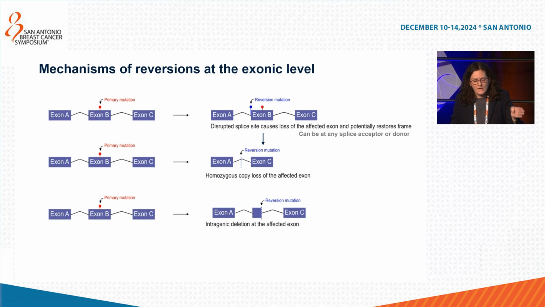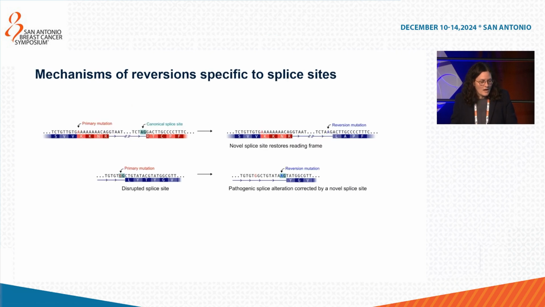One is at splice sites, and we'll see that this is actually a very common mechanism of reversion in BRCA2, where you lose the exon and then you go on to your reversion mutation. You can have homozygous copy loss of the exon, and then a reversion mutation within the exon. And I think the most undetected and most complex types of reversions are around splice sites.